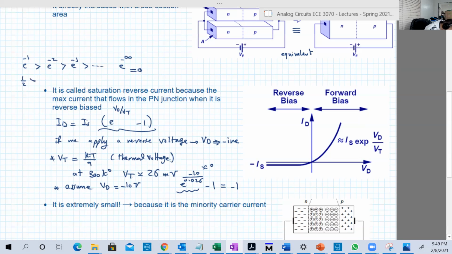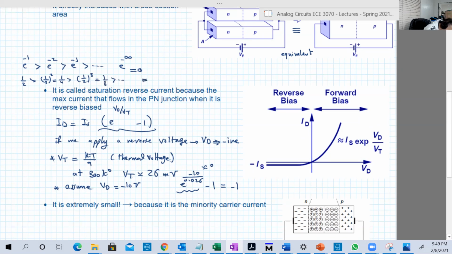Half is greater than half to the power of 2, which is 1 over 4. And basically, half is greater than quarter, which is greater than half to the power of 3, which is 1 over 8, and so on.